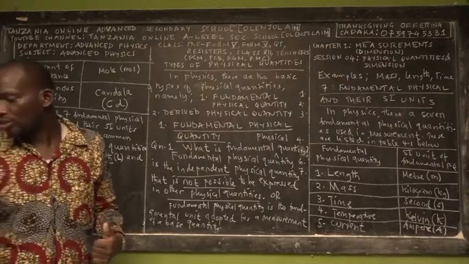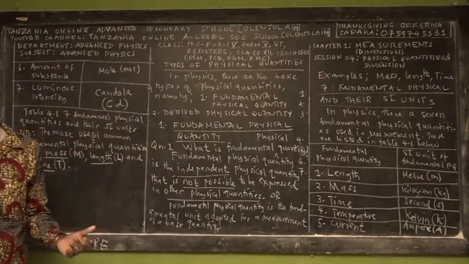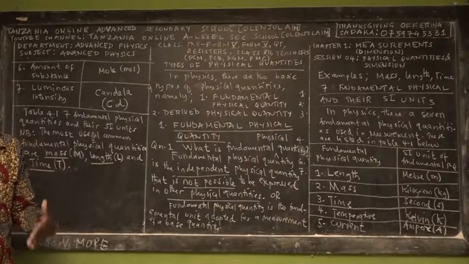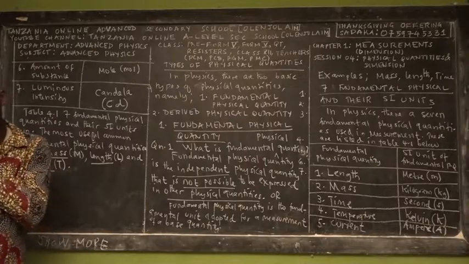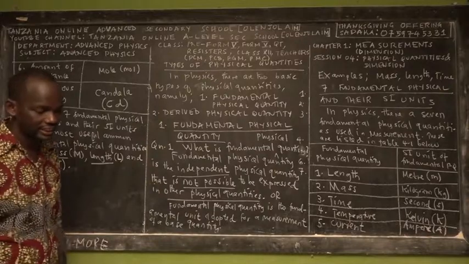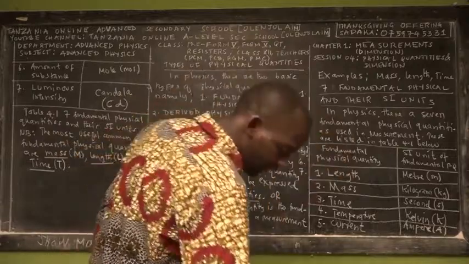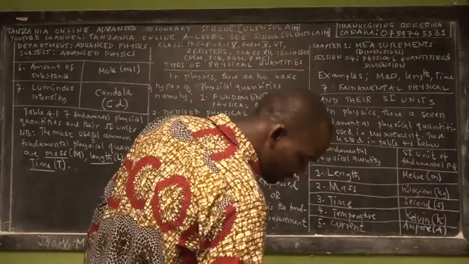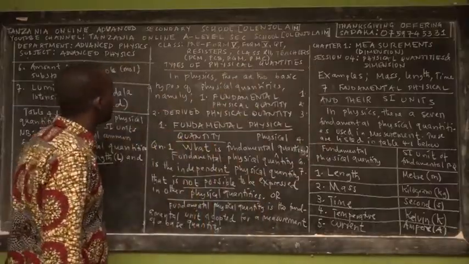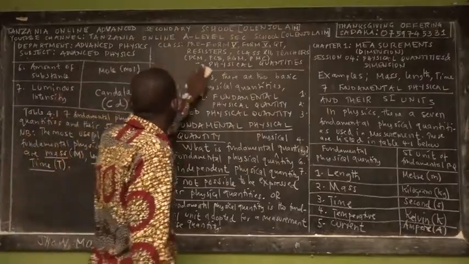Mass is a measure of how much matter is in an object, length is the measure of how long an object is, and time is the measure of time taken for a particular physical process to be completed. I believe you've finished copying this information.